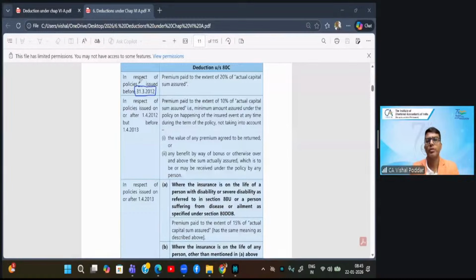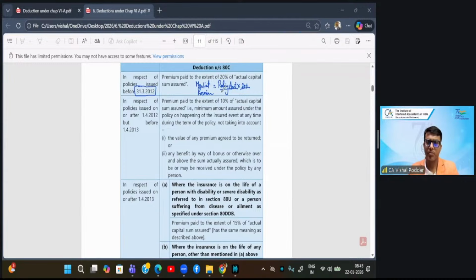If your policy was taken out up to 31st March 2012, that is before 1st April 2012, whatever you say, then your maximum limit is policy amount multiplied by 20%. So the maximum premium for which I will give you deduction is 20% of the policy amount.